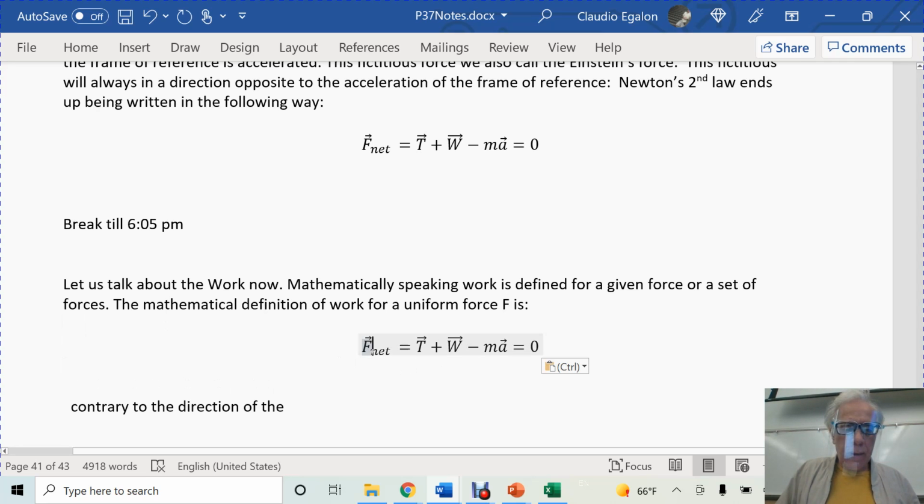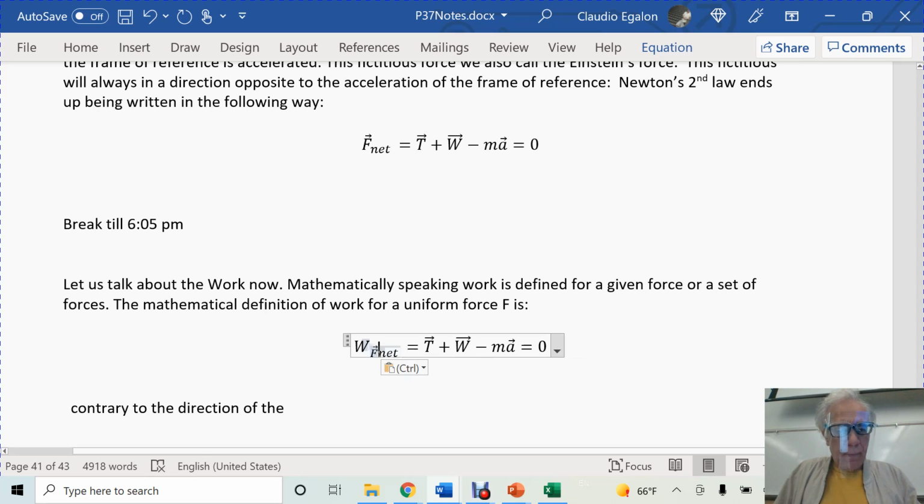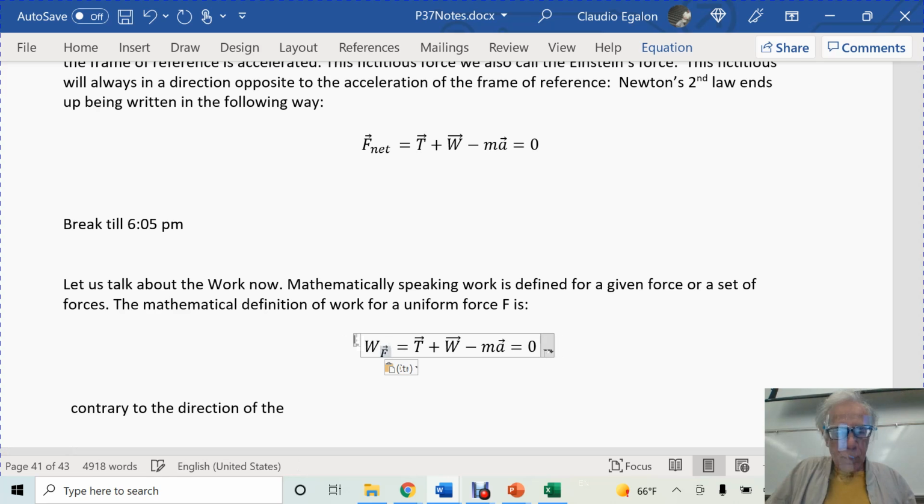work done by a given force F. Work done by a given force F is going to be what?